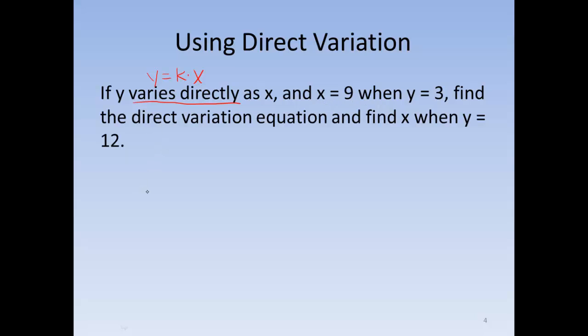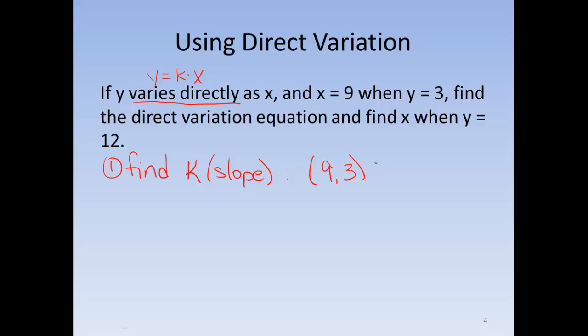Find the direct variation equation, and then use that equation to find x when y equals 12. So first thing we need to do is find the value for k, which is our slope. And it looks like they only give you one ordered pair, the 9, 3.